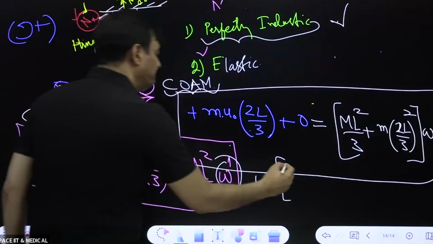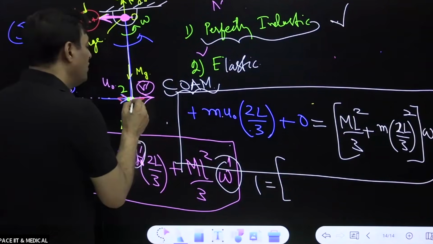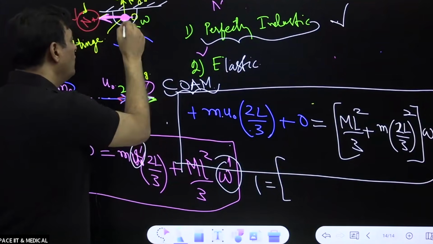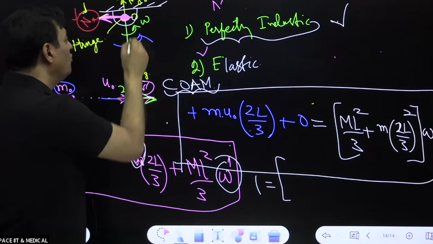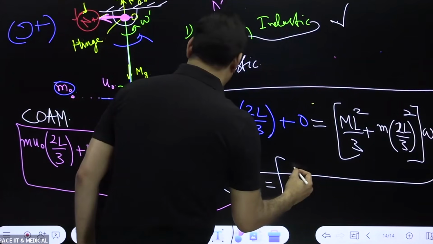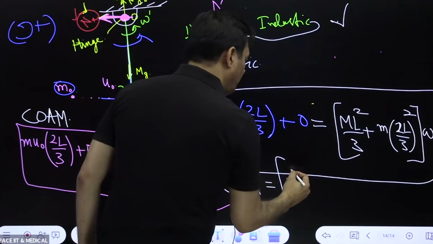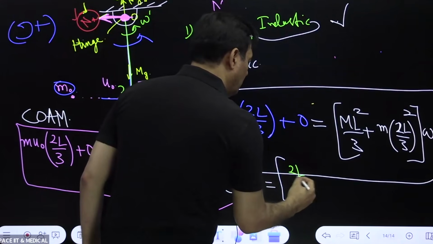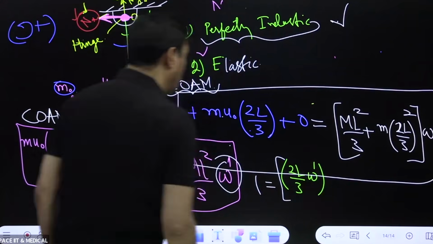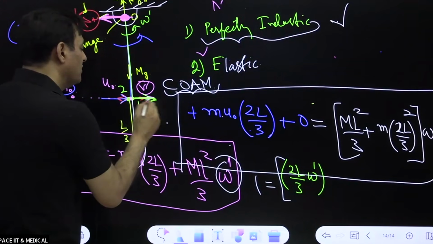So V1, what is the velocity of this point of the rod? This will be 2L by 3 into omega dash. V1 will be 2L by 3 into omega dash. This is the velocity of this point of the rod after collision.